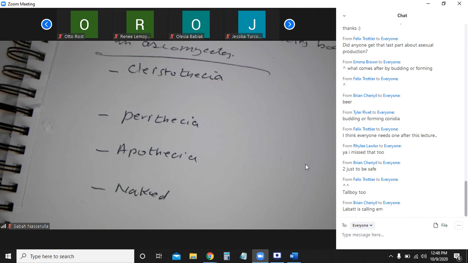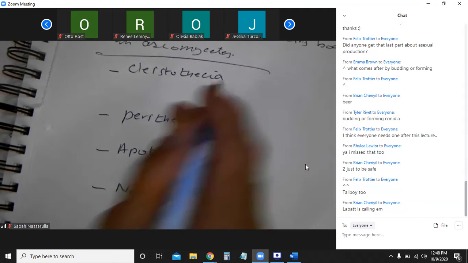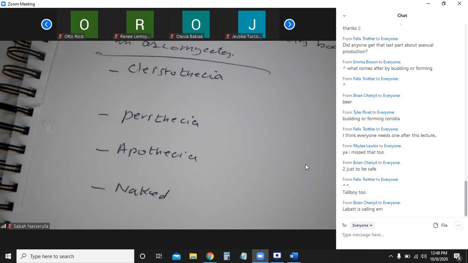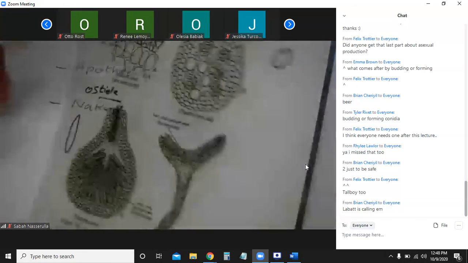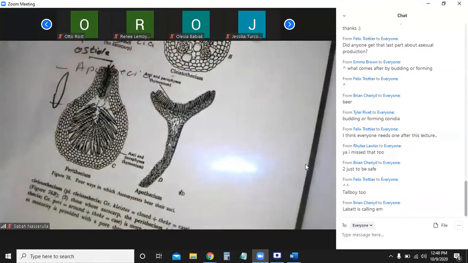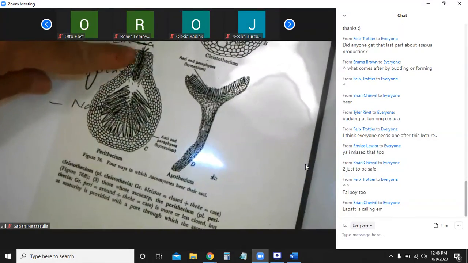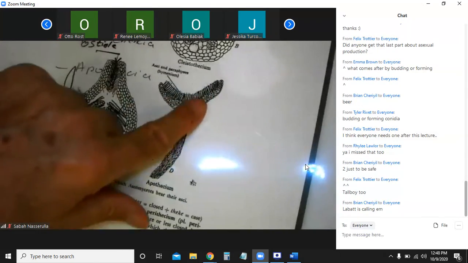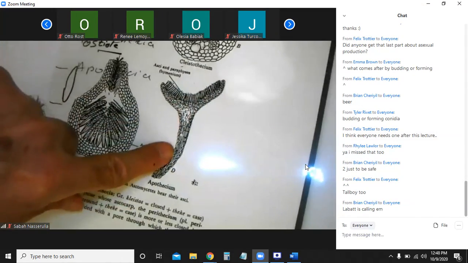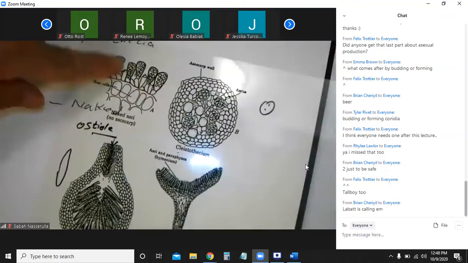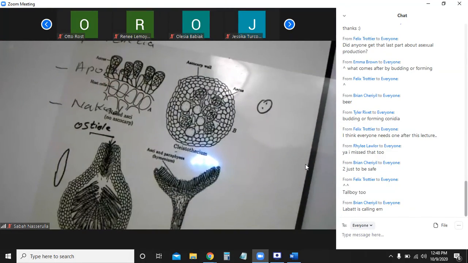Now, the cleistothecia, as I mentioned, I'm going to continue next lecture because within a minute this is going to shut down. The cleistothecium is circular. The perithecium is a flask shape with an opening. The apothecium is like a cup shape, or naked asci.